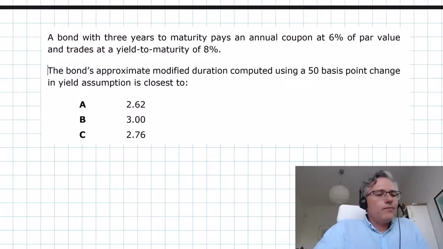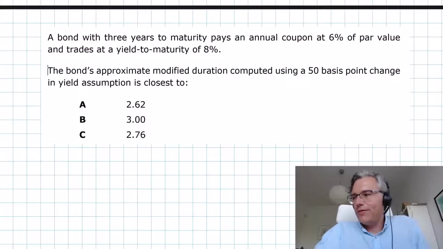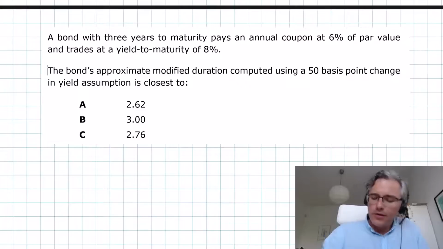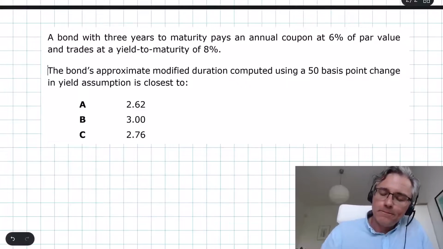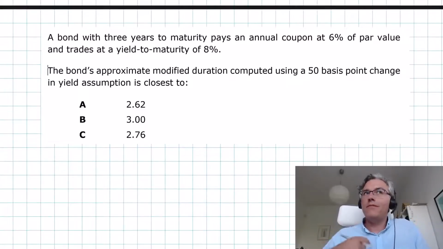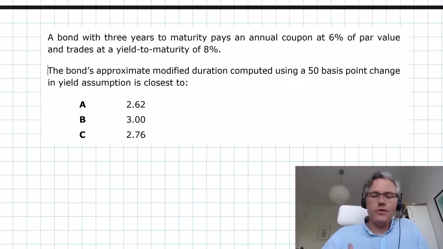Now, sometimes it may not be possible to really compute Macaulay duration, and it's not because you've left your calculator at home and you don't have access to it. It's because a bond may contain certain built-in features, embedded options such as call or put options, which will make it problematic to compute Macaulay duration.